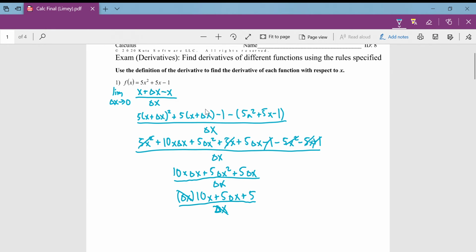So your final answer would be 10x plus 5 delta x plus 5, because you can't do anything more about it.